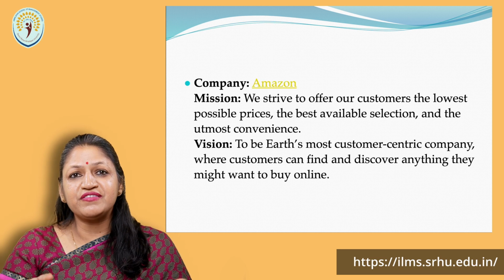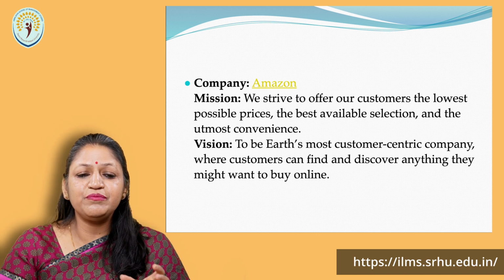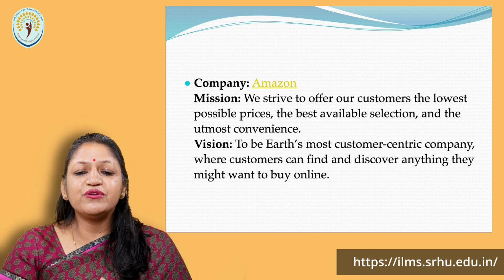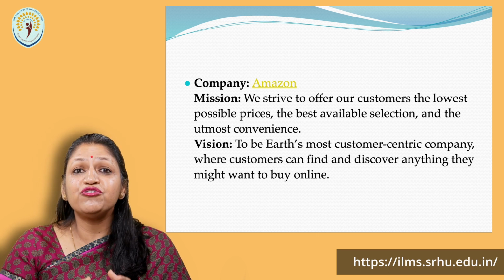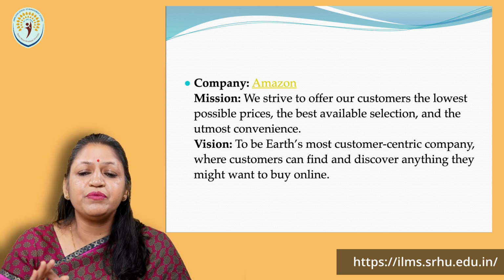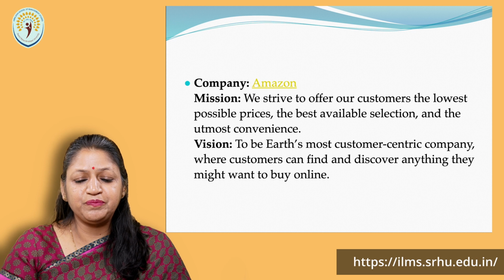We'll now take a few examples and try to understand what is a mission statement and what is a vision statement. For example, the mission of Amazon is: we strive to offer our customers the lowest possible prices, the best available selection, and the utmost convenience.